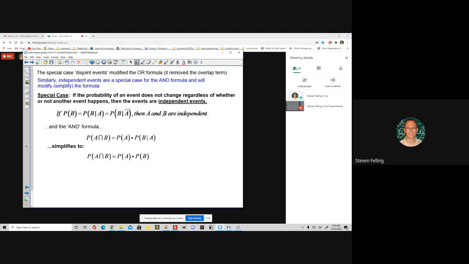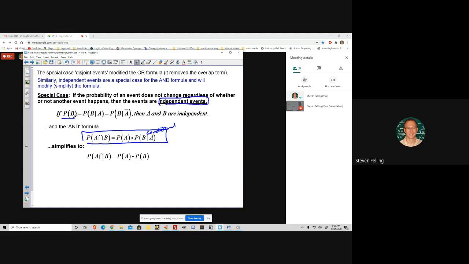And if we find that something is the special case of independence, it's going to simplify the formula. Here's the AND formula, right? We know that the probability of A and B is equal to the probability of A times the probability of B, given that A happens. The second one has to be conditional. That was the catch for AND. But if the events are independent events, then that means the probability of B is not changing.